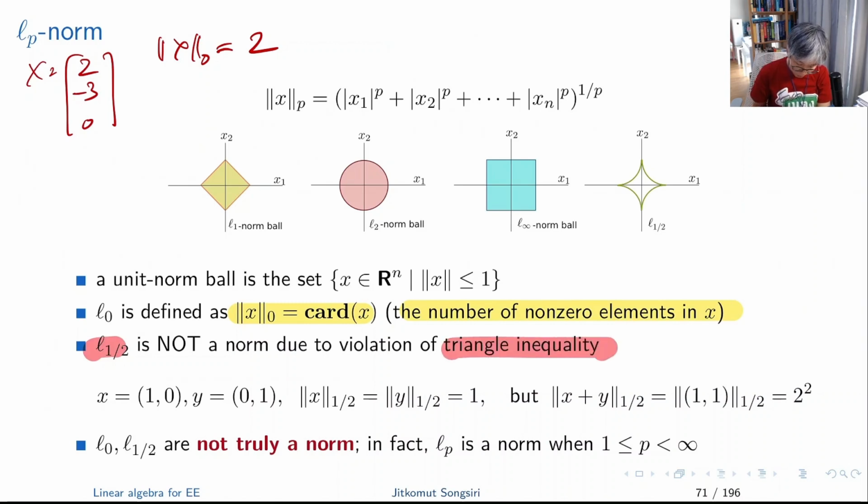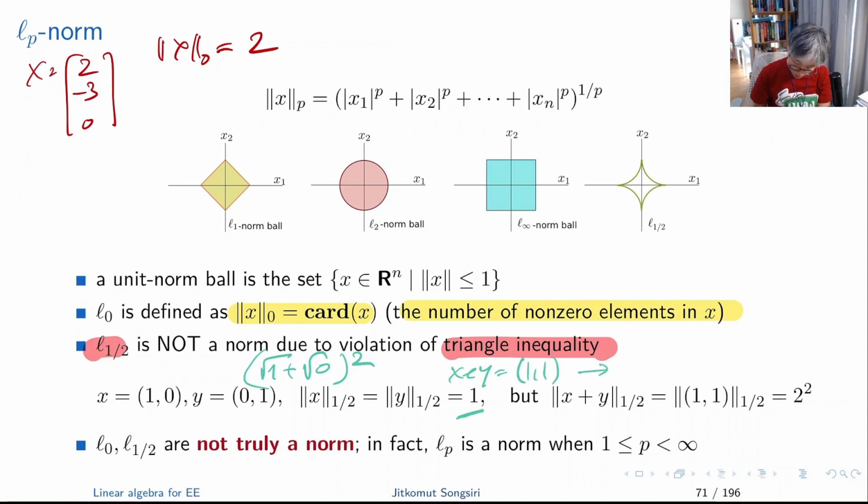In this example, take the vector x = (1, 0) and the vector y = (0, 1). The 1/2 norm of x is the square root of 1 plus the square root of 0, and then squared, which is all 1. But x plus y is the vector (1, 1), right?